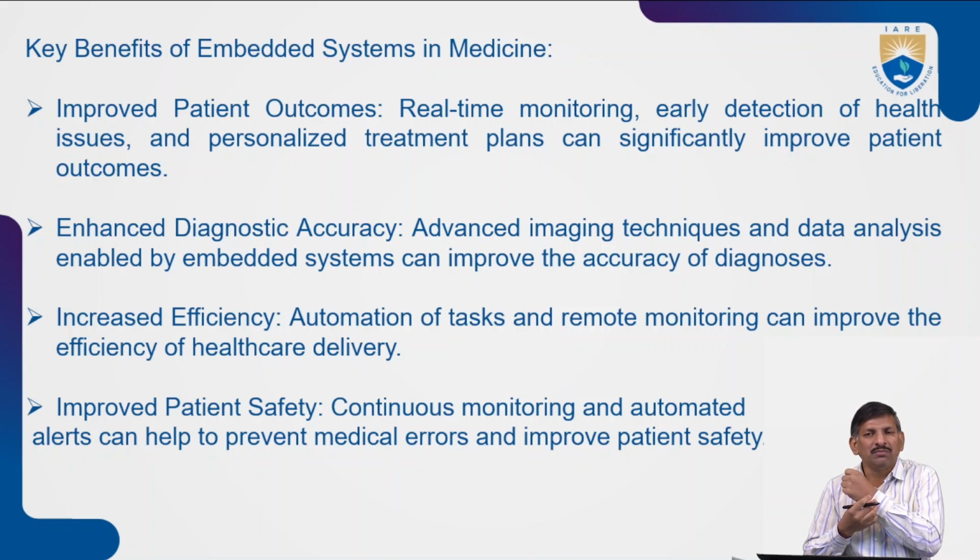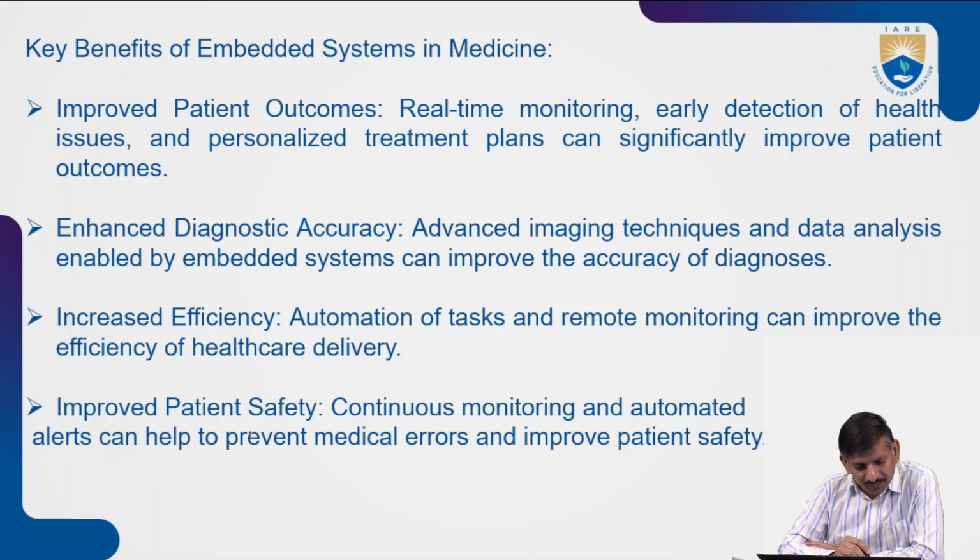If any issue comes, it will alert the corresponding people by ringing the alarms and by sending SMSs to the corresponding doctors and their children and everybody. If the pulse is not detected, it will ring the alarm. So, increased efficiency means automation of tasks and remote monitoring can improve the efficiency of healthcare delivery.